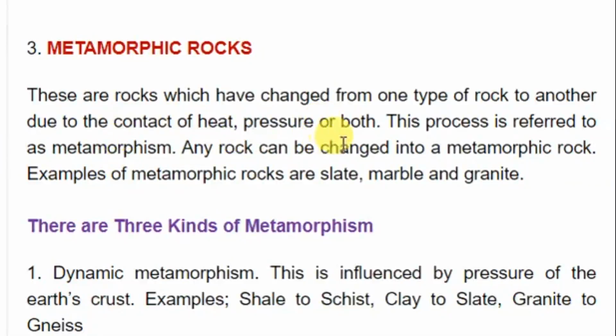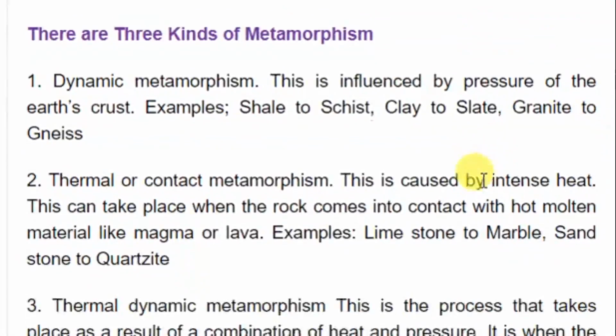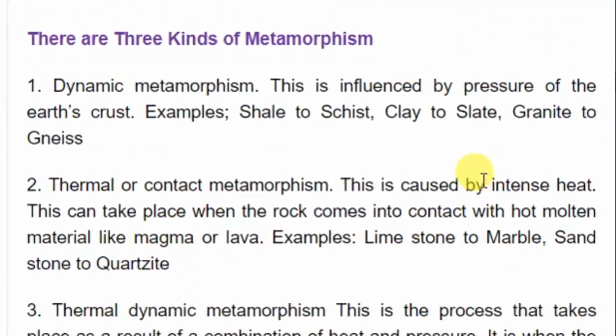Any rock can be changed into a metamorphic rock. Examples of metamorphic rocks are slate, marble, and granite. And there is no diagram of metamorphic rock shown in my notes here. Now let's see. There are three kinds of metamorphism. First is dynamic. This is influenced by pressure of the Earth's crust.